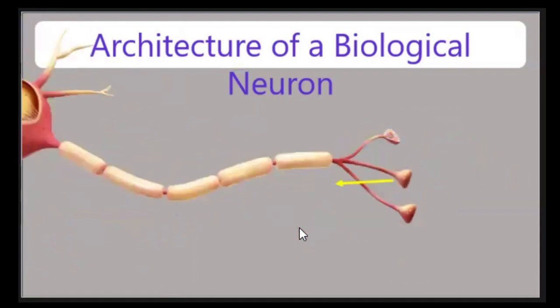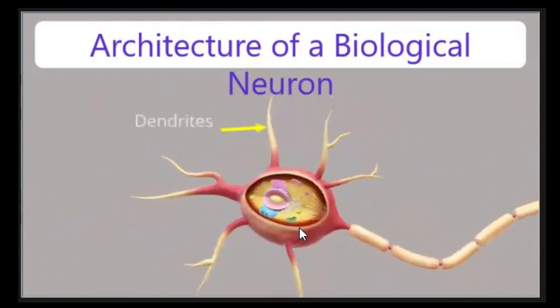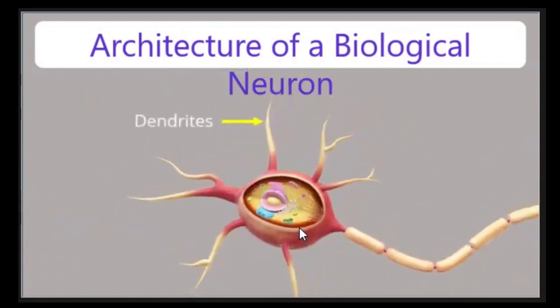So if you go back and see what the actions are, actually the dendrite is the place where the neuron receives the input. It can be from my eyes as a sensor input or from one neuron to another neuron, because 83 billion neurons are interconnected. So one output from one neuron goes to another neuron's input. So these are the dendrites which receive those inputs to a particular neuron.